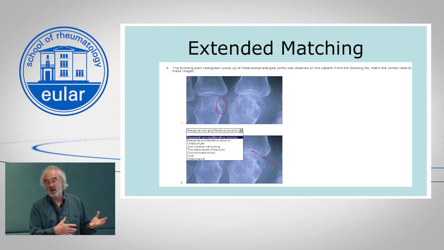I have a colleague in Nottingham, an expert psychometrician, and he said if he had his way, what would be even more reliable is 1 from 3, because it's much easier to come up with 2 options which are very closely related to the answer. As soon as you have 4 or 5 or 6 or 7, it becomes increasingly difficult to come up with an option which is plausible.